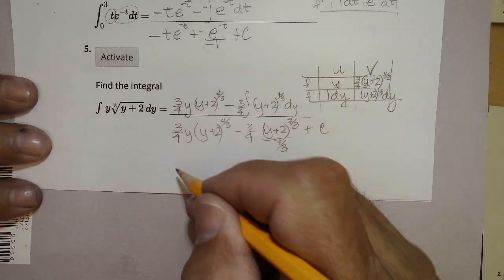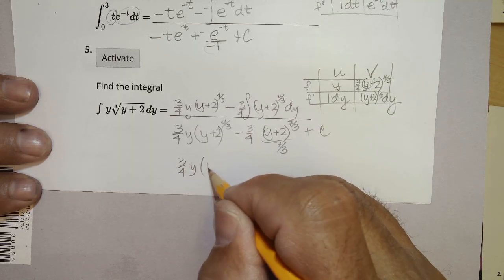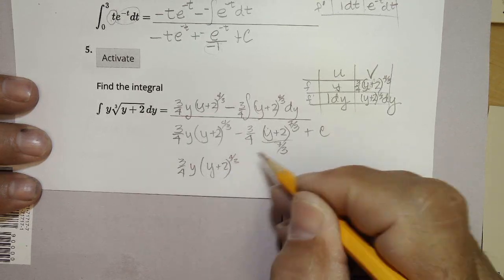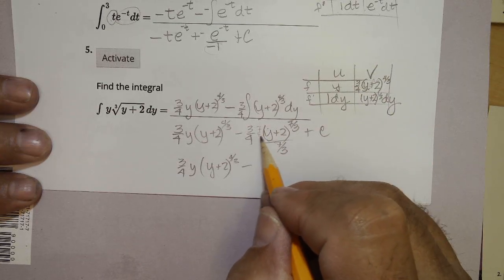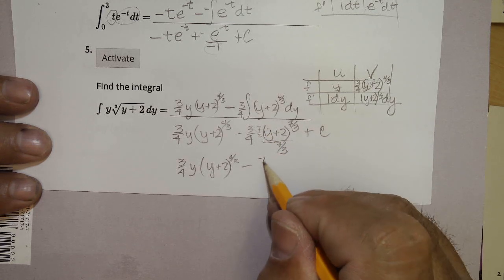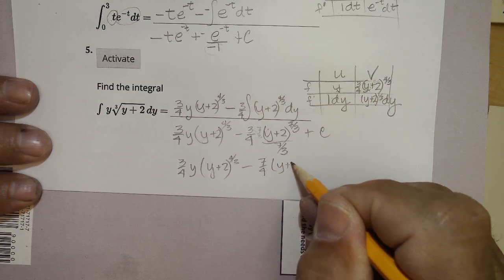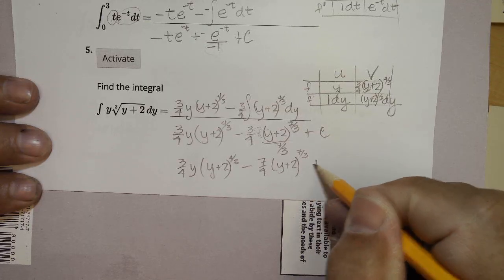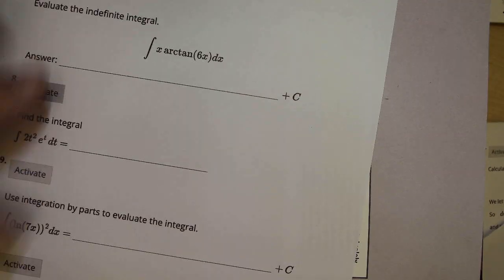So finally I get 3/4 y plus 2 to the 4/3 minus, I invert and multiply, 7/3, the 3's cancel, so I get 7/4 y plus 2 to the 7/3. Okay, that's 5. Let's go to 6.